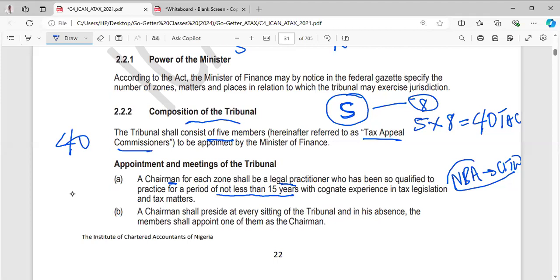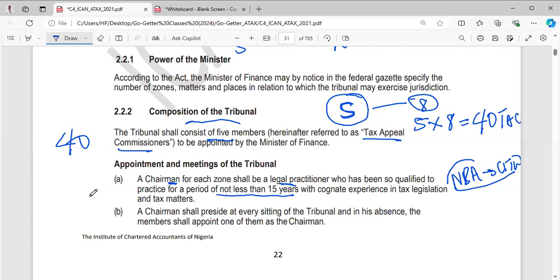We could appoint another person to act as chairman. So they must have a chairman at a sitting. If the original person appointed as chairman is not present, maybe he traveled, he's sick, he's not capable at that moment, they will have someone who will preside.